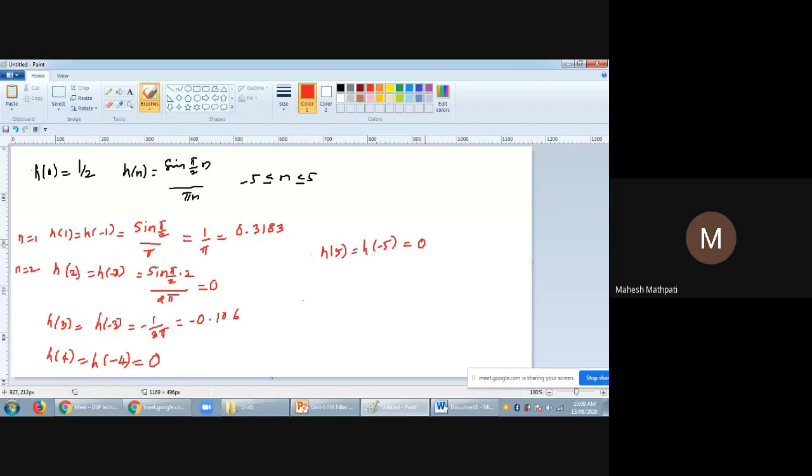It is 0.06366. You need to keep a calculator with you. If you have a calculator with you, only then can you solve the example. Have you understood how we are calculating these values, h of 0, h of 1? Yes, sir. Any confusion here?